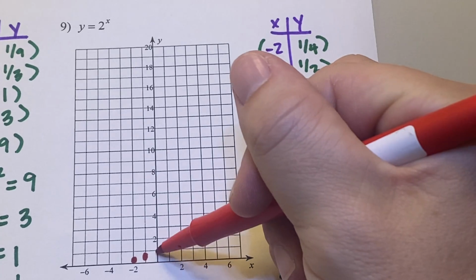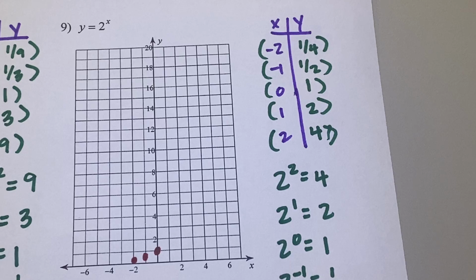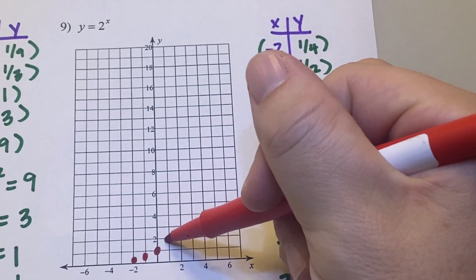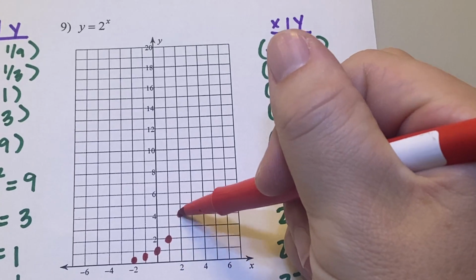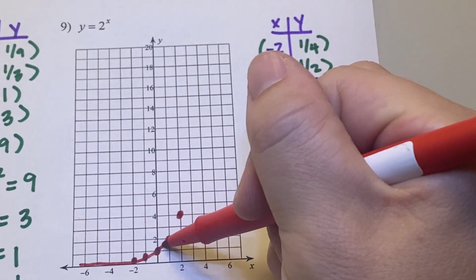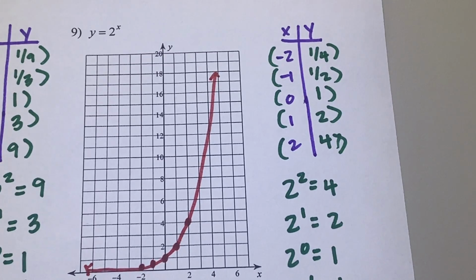Then I have 0, 1 right there. I have 1, 2 right there. And 2, 4. So again, we see that kind of J looking shape where it's going to get really tall really fast if we were to keep choosing points.